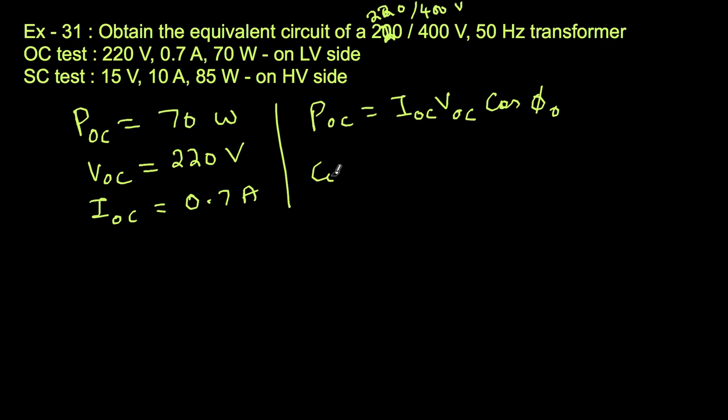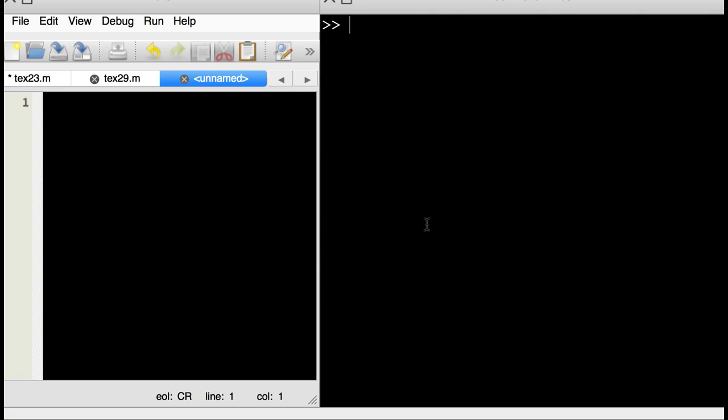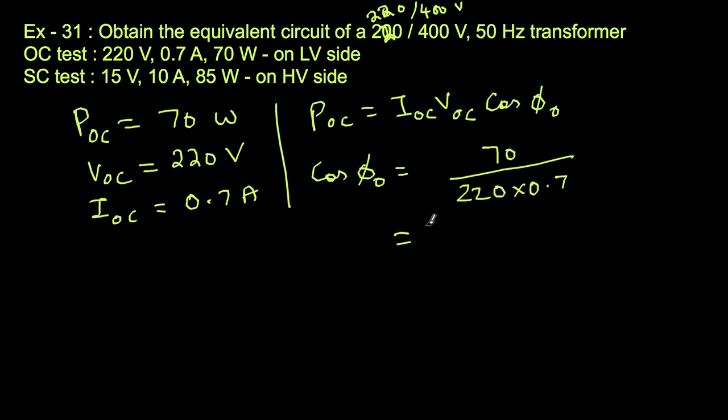So cos phi naught will be 70 divided by 220 into 0.7. Let's use the calculator. 70 divided by 0.7 multiplied by 220, so 0.4545 is the cos.